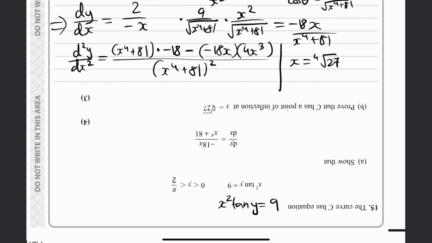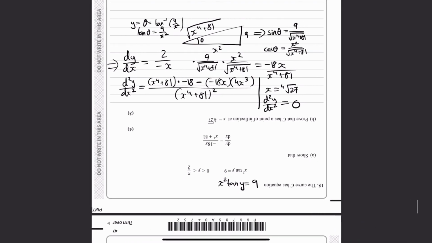Let's just ensure I've got that right. Okay, looks promising. And all over this squared, answer to the 4 plus 81 squared, which does equal 0. Okay, there we go. That was pretty rough.